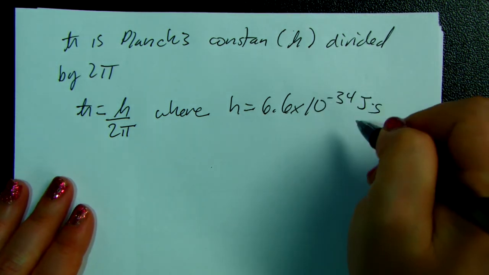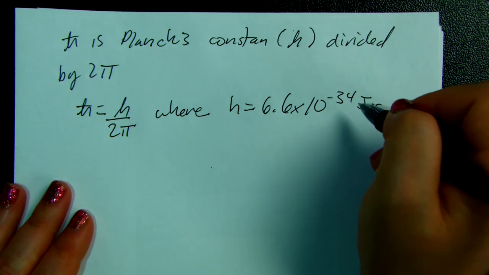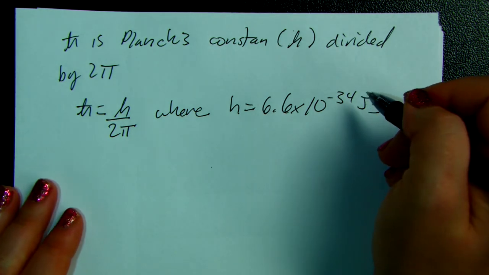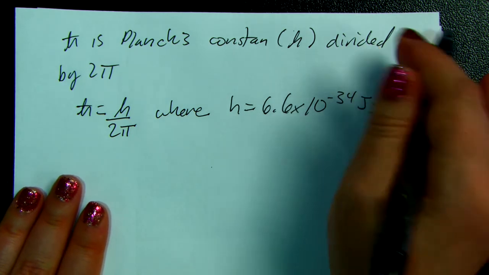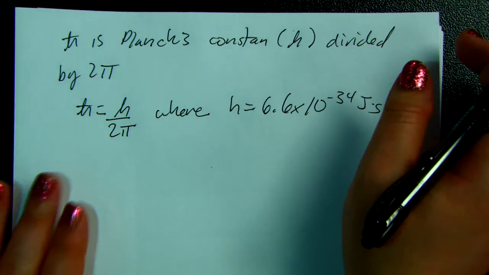Notice once again we're using energy levels in joules, which means if you have energy levels in eV, you either need to convert them into joules or you would need to look up Planck's constant in eV.